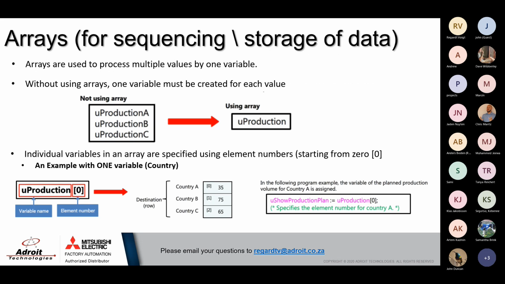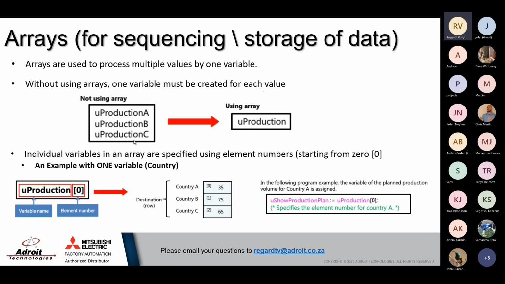Okay. Right. So an example of the above would be if you have different types of production, for different production lines, and you need to know the production number per line or per country, per factory, and so on, in this case, country. You will use an array to store all of them.